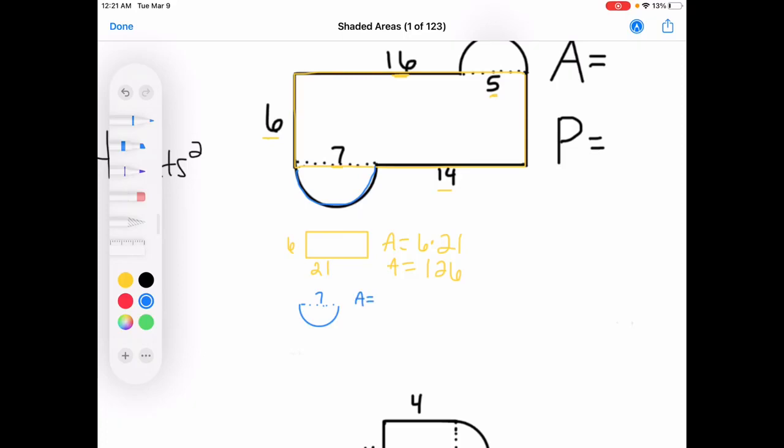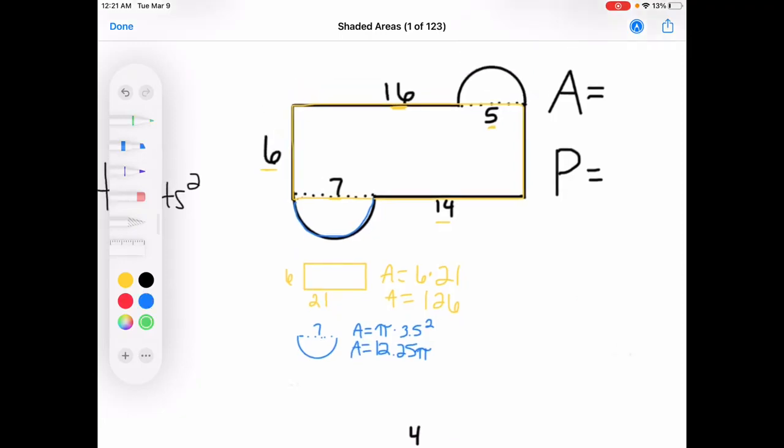So if this was a full circle, I would do pi times the radius squared. And since 7 is my diameter, then that means my radius is 3.5 units. So 3.5 squared is 12.25. So that gives me 12.25 times pi.